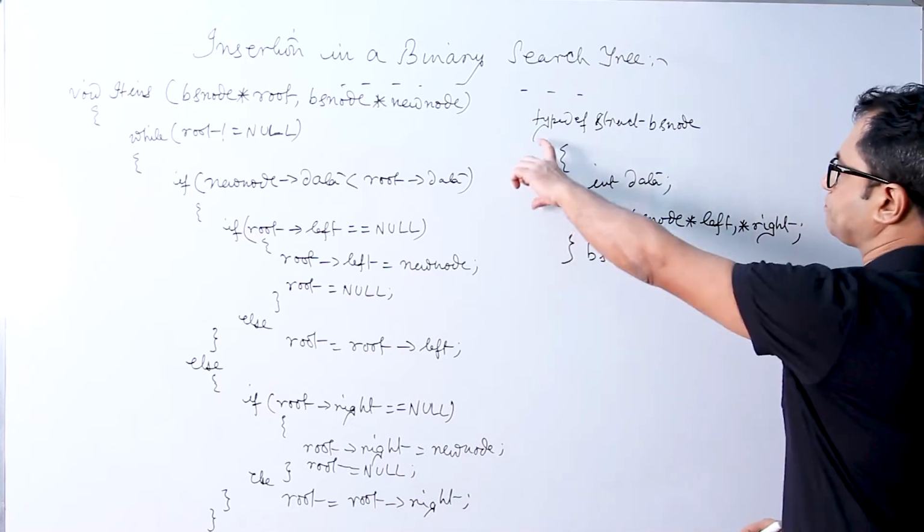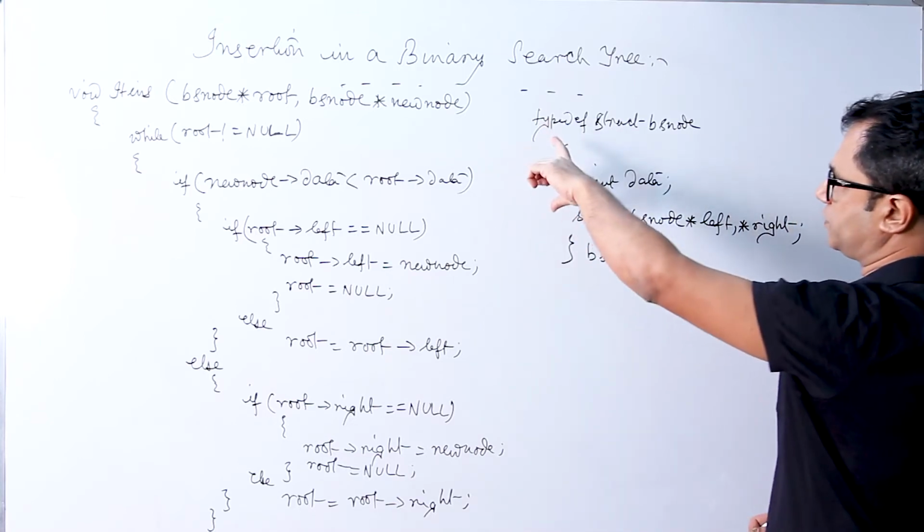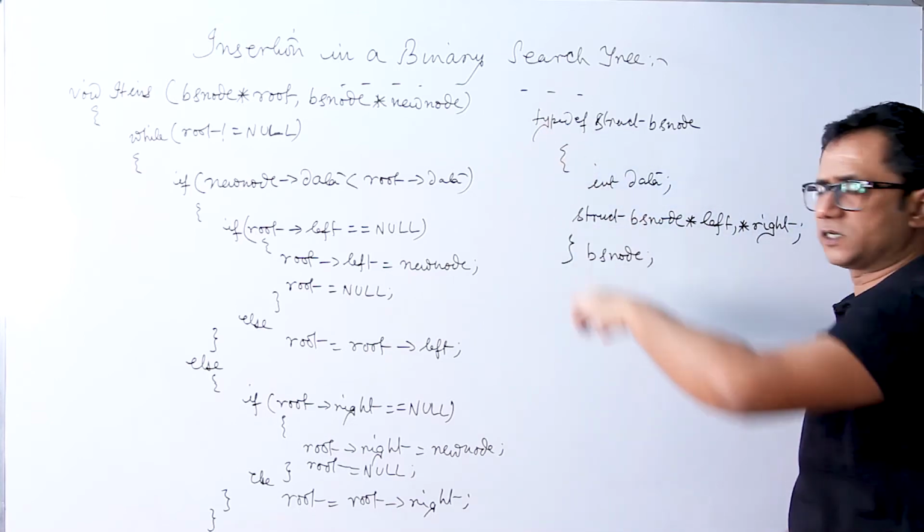So this is the structure definition of a typical node of a binary search tree.